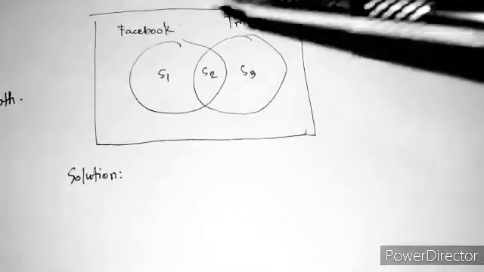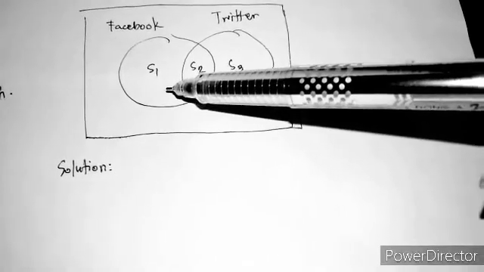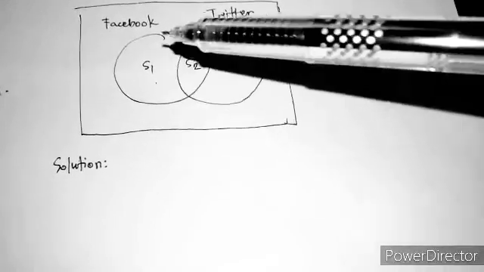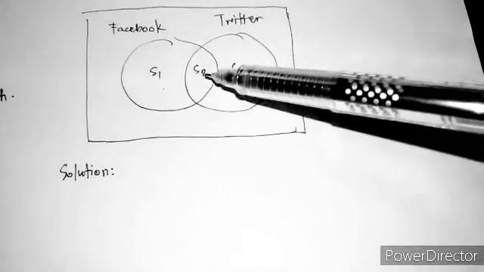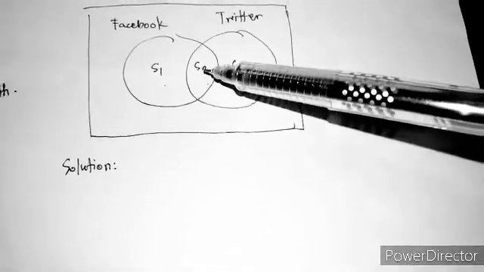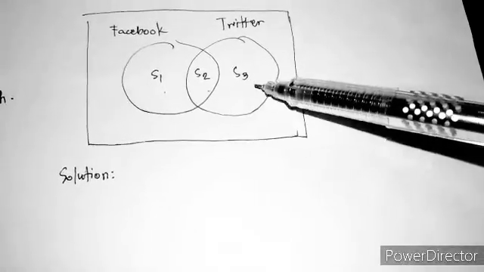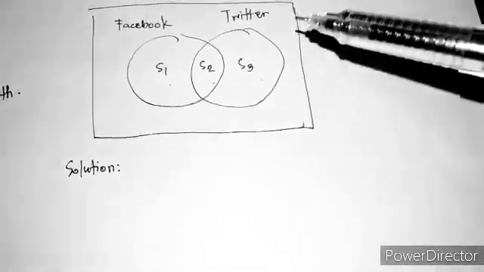Facebook will be the S1. S1 means the set of students who use Facebook only. Then, S2, the set of students who use both social networking sites. Then, S3, the set of students who use Twitter only.